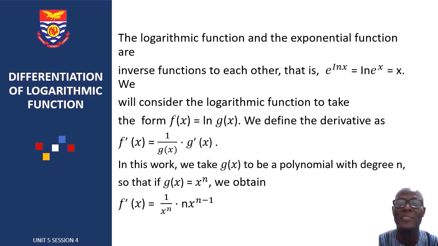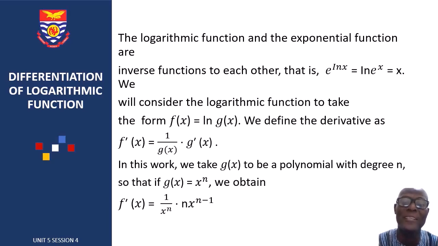Now, by definition, if f of x is given as ln g of x, then its derivative is equal to 1 over g of x, multiplying the derivative of g of x. It means if you are given the function to be ln x squared, then its derivative should be 1 over x squared times the derivative of x squared, which is 2x.